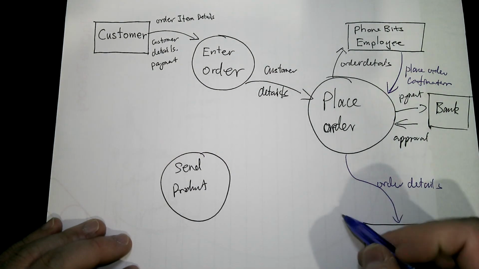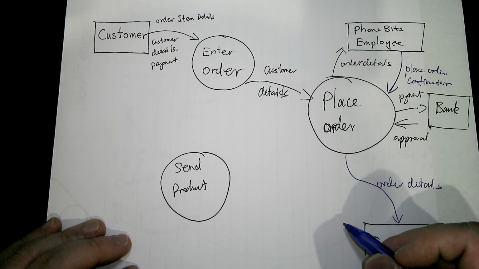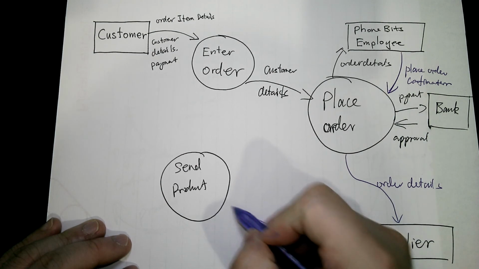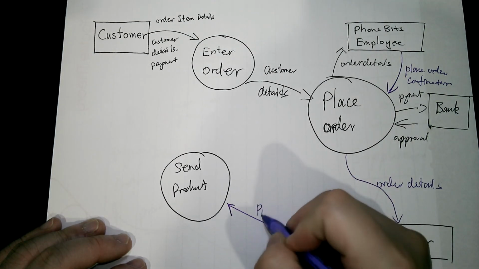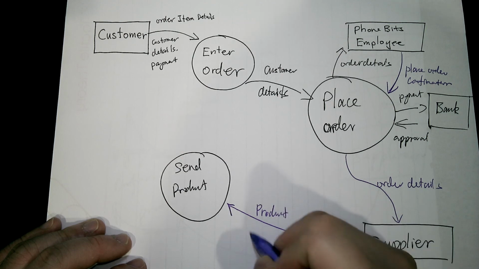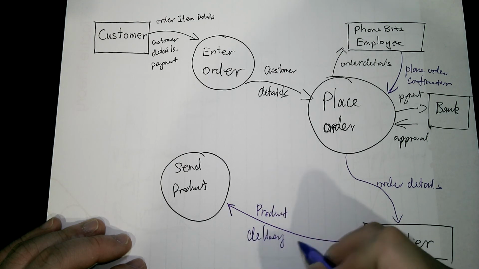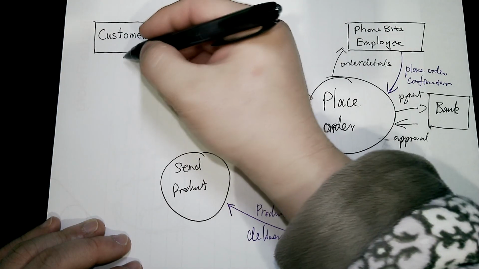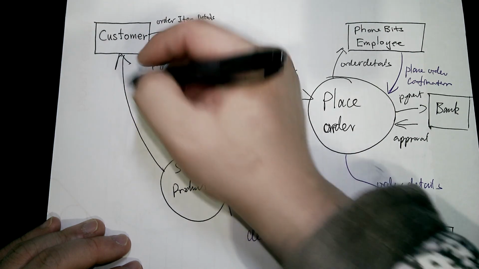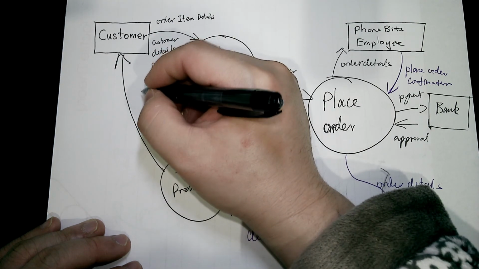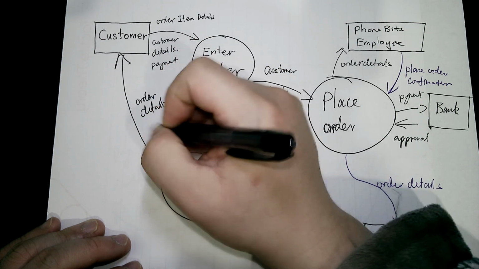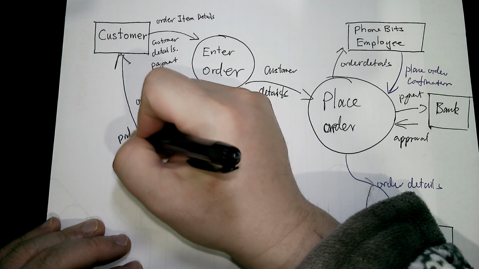So the supplier gives us the product and delivery details, and then eventually, using another one, it's going back. It's the order details and the product going to the customer.